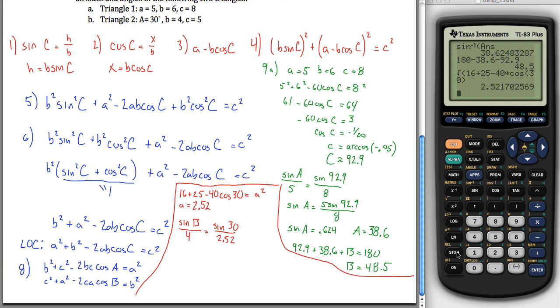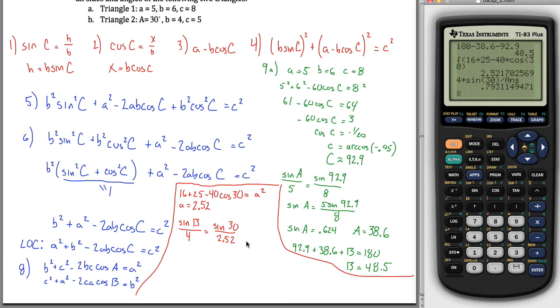So in other words, if I do 4 times the sine of 30 degrees, and then I divide that by this 2.52 thing, what I get is that the sine of B is equal to 0.793. So B is the arc sine of that thing. If you hit second sine to get arc sine, answer, what you get is 52.5-ish.